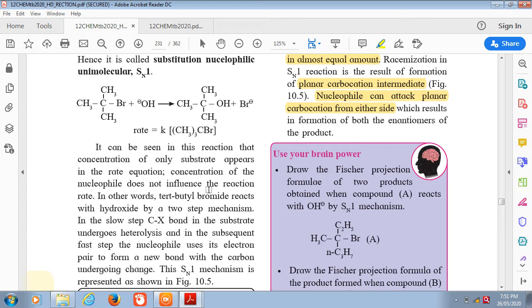So tertiary butyl bromide reacting with hydroxide ion follows a two-step mechanism, and in the slow step the C-X bond in the substrate undergoes heterolysis. As the halogen, Br, is more electronegative, it carries the electron pair away from the carbon along with it. So Br becomes negatively charged and the carbon carries a positive charge.